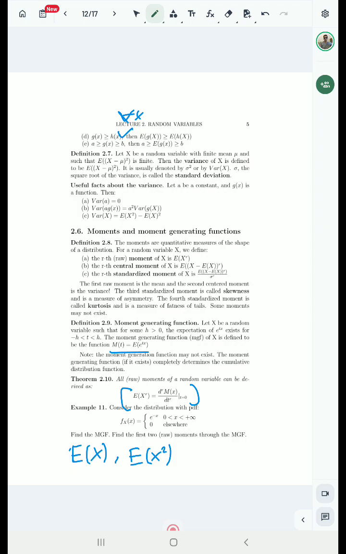You find this expectation, and then if you take the first derivative of the moment generating function and evaluate it at 0, it gives you the expectation of X.